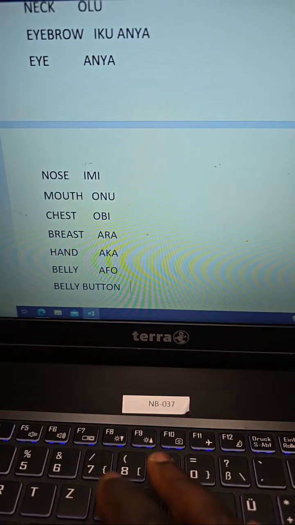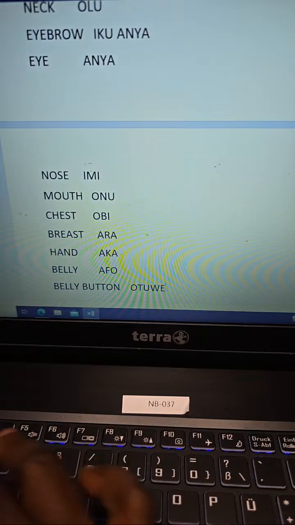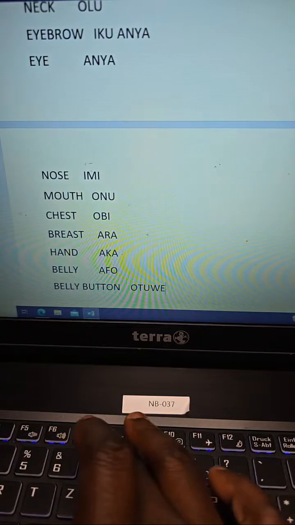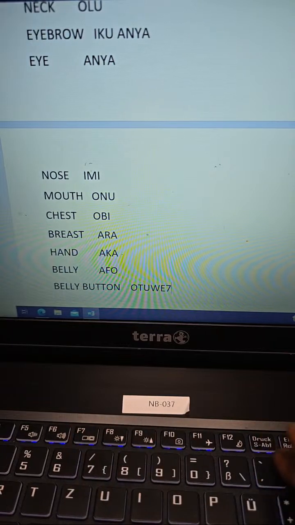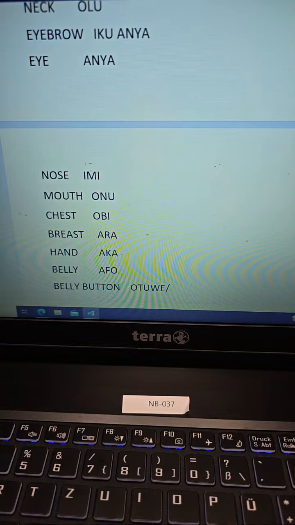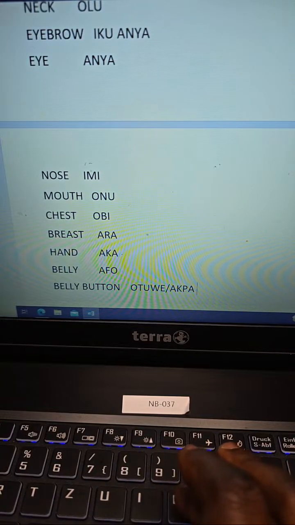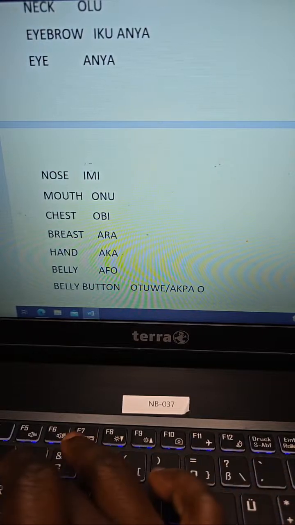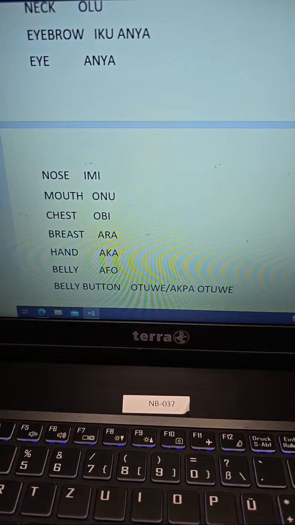Some people call it otue, or apa otubo. Some people say otue, otue, or apa otue.